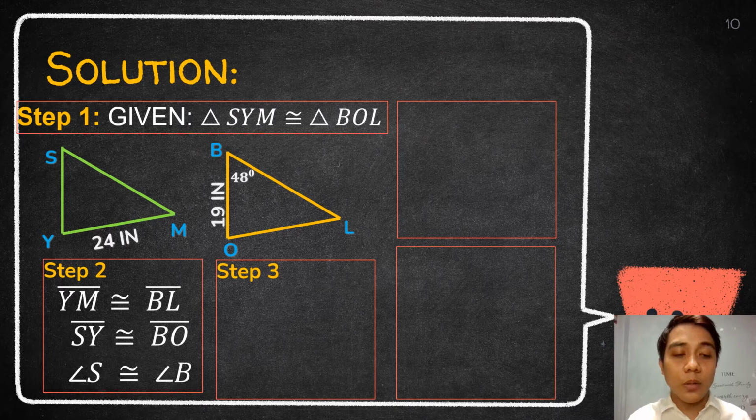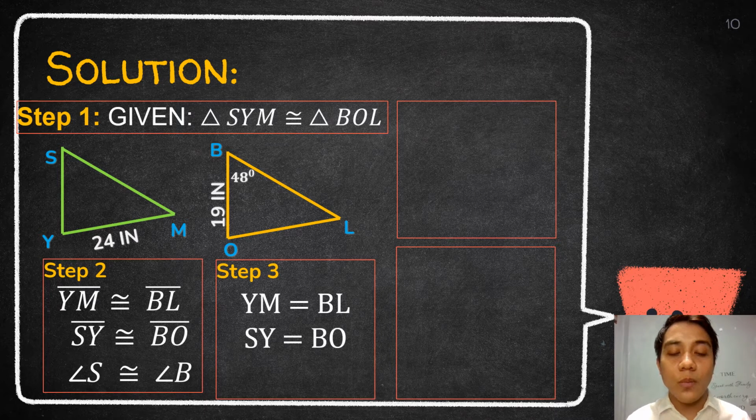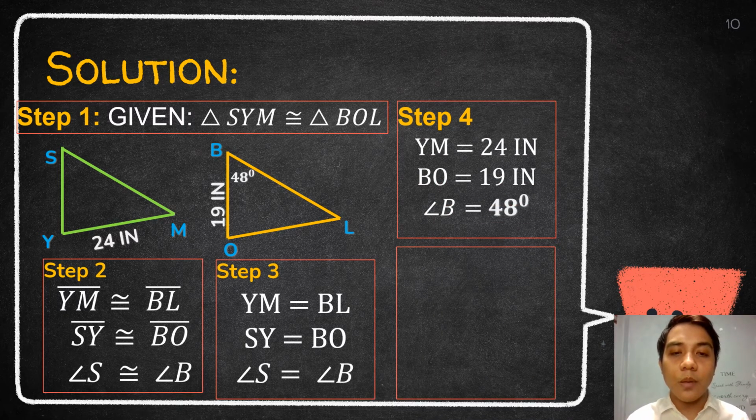For step number 3, we need to equate all the congruent parts into equations. So we have YM is equal to BL, SY is equal to BO, and angle S is equal to angle B. For step number 4, we need to substitute all the given values in step number 3.